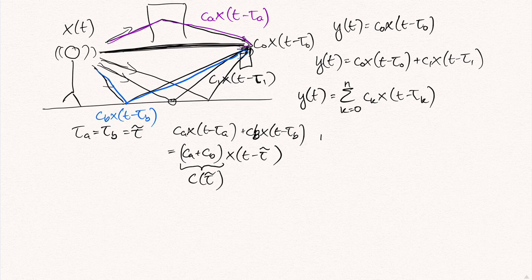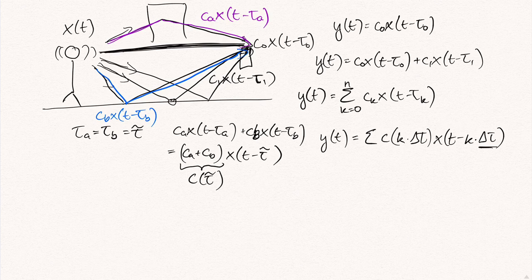And if we do that, we can write our output signal, y of t, as the sum of c of k delta tau, these being our different tau deltas, times x of t minus k times delta tau. The way we do this is we just make this delta tau very, very small, so that k times delta tau will include all our different components that add up to our output signal.